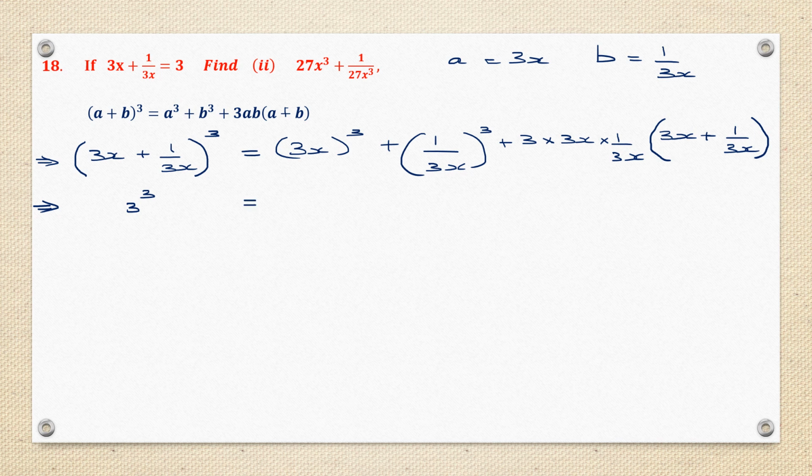Now this is equal to 3x to the power of 3, that means 3 into 3 into 3, which is 27, and x to the power of 3 is x cubed, plus, here also everything has to be cubed, so 1 into 1 into 1 will still remain 1, then in the denominator 3x cubed means 3 into 3 into 3, 27x cubed, plus, now let's go to the next part here. 3 into 3x into 1 by 3x.